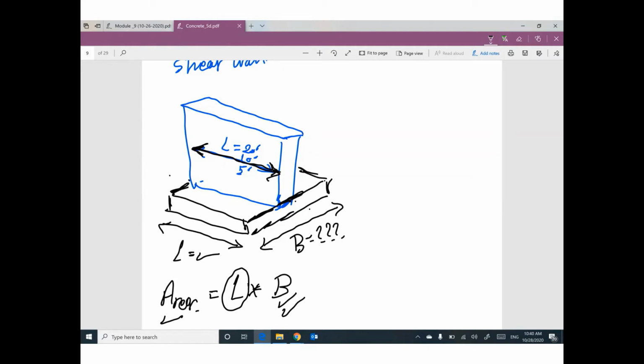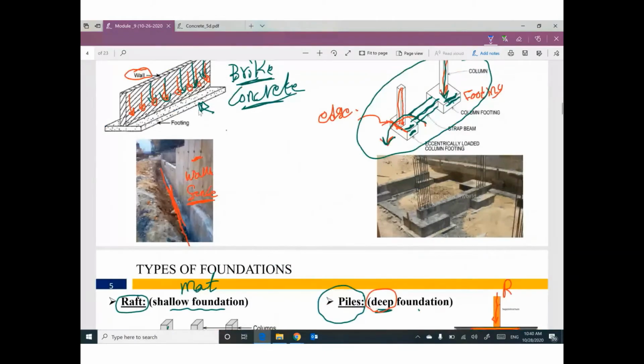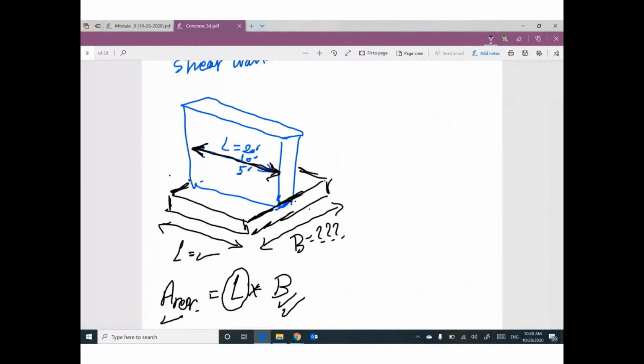Second case, probably you are talking about a wall like this one. The length can be assumed infinity. It's very long. You are talking about a very long fence around a very huge area. So this wall is extended from this side and this side. What should I do?